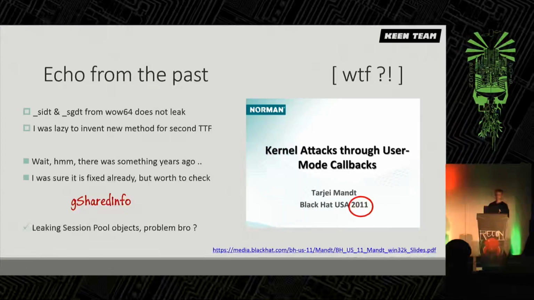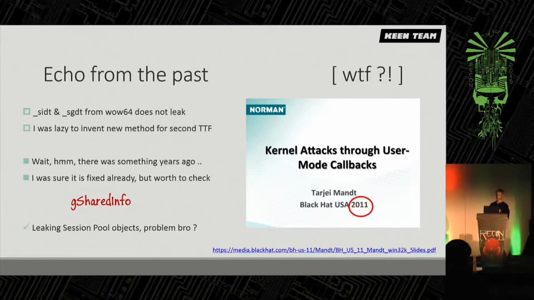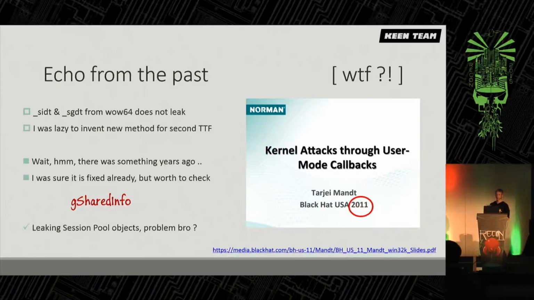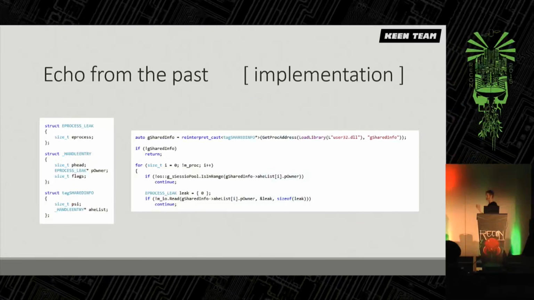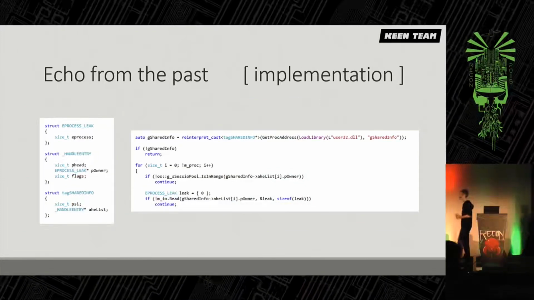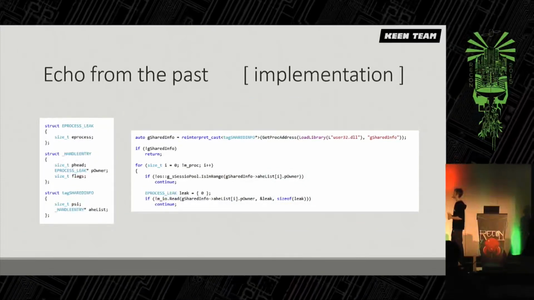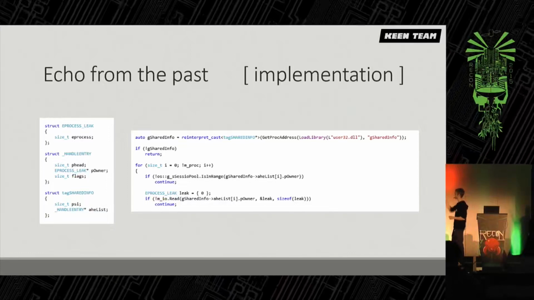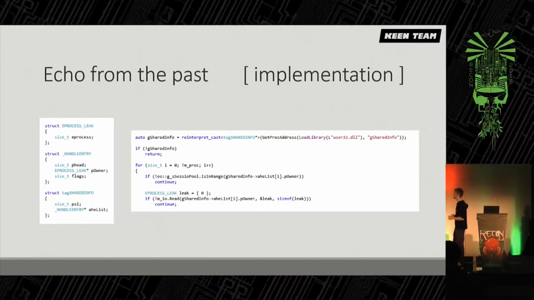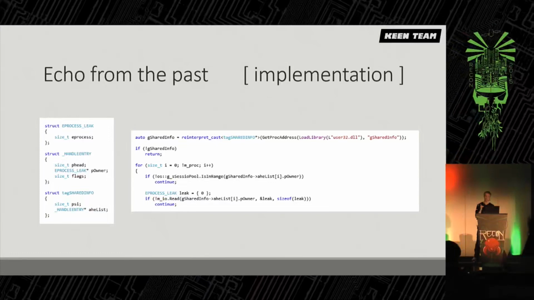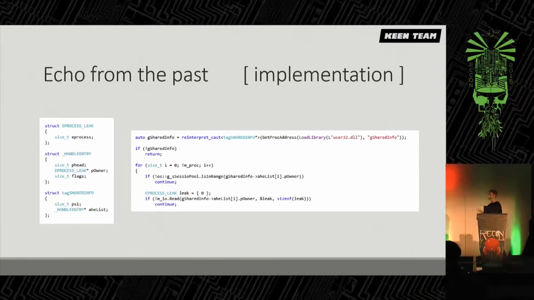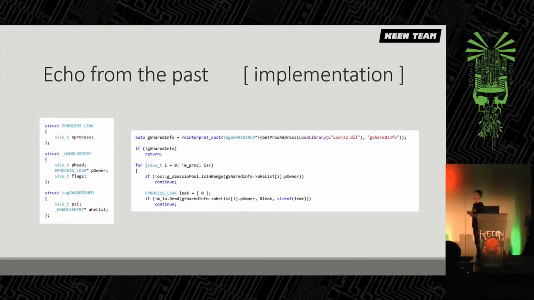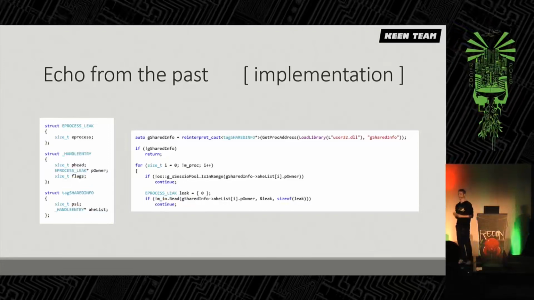And this is a mighty feature, GetSharedInfo. When you look at this, you leak the pointers from the kernel directly from user mode, because the only thing you need is to read the public symbol from the user32 DLL, and then you can read the pointers from the kernel. And really, leaking the base of the session pool is a problem.